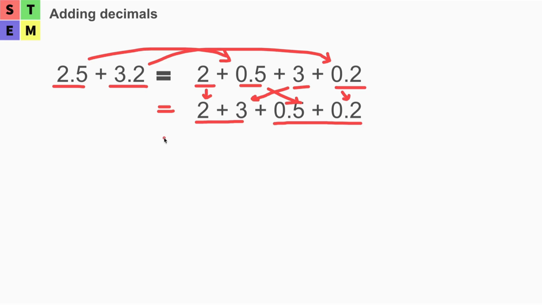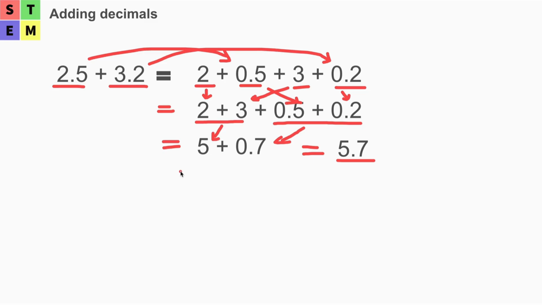So it equals 5 plus 0.7. So 2 plus 3 is 5, and 0.5 plus 0.2 is 0.7. Now we just need to calculate 5 plus 0.7, which is 5.7, okay?